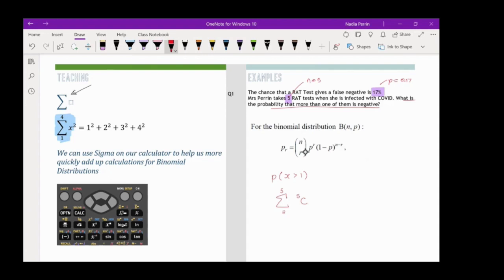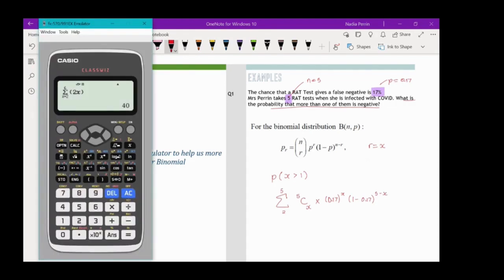So we're going to replace r with x, times by the probability to the power of x. And then we're going to do 1 minus the probability to the power of 5 minus x, because n was 5. So let's chuck that in a calculator and I'll show you how easy that is to do.